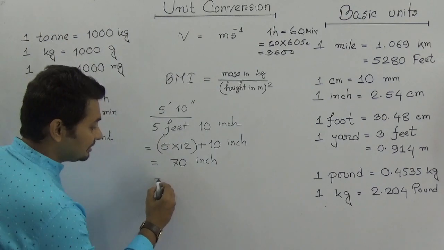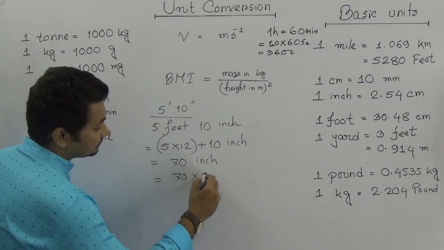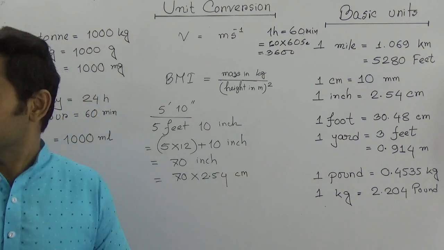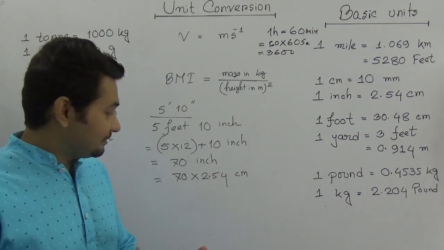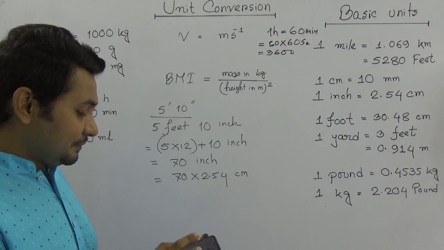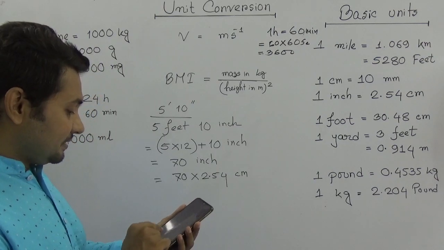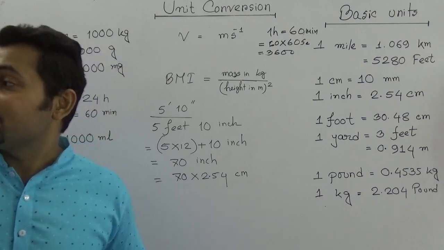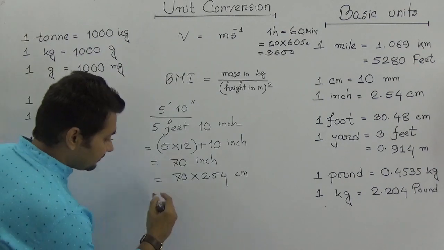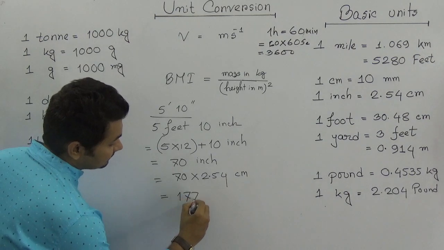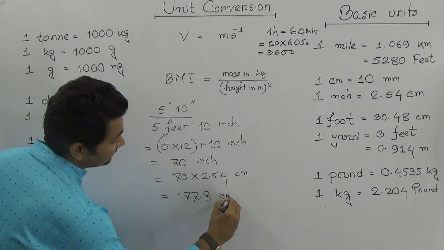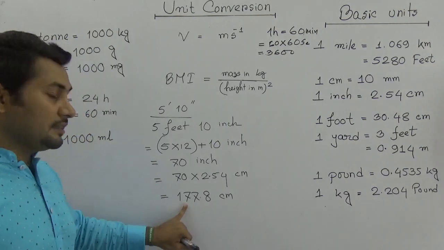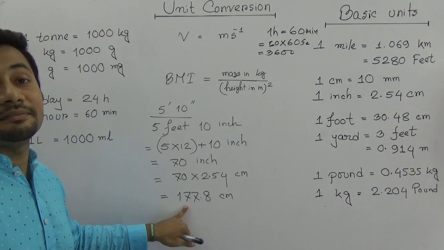So if I just multiply 70 into 2.54, we will find centimeter. So let's use a calculator again: 70 times 2.54 is 177.8. So we can say this is 177.8 centimeter. As it is centimeter, we can say this is 1.778 meter.